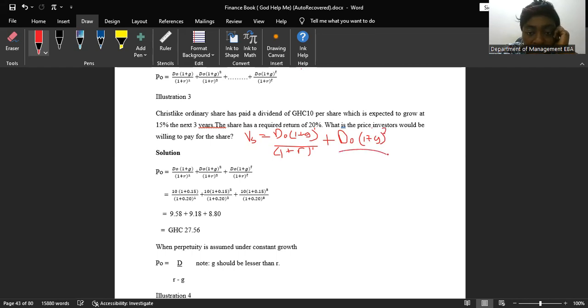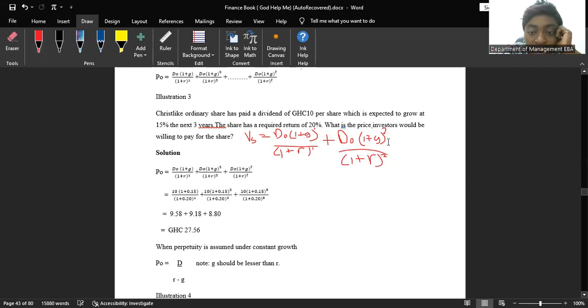This is plus. I then have to correct this. That'll be what? 1 plus R, raised to the power 2. Okay, let me get my eraser and erase this. Okay. All right. Okay. Then we have the third year.